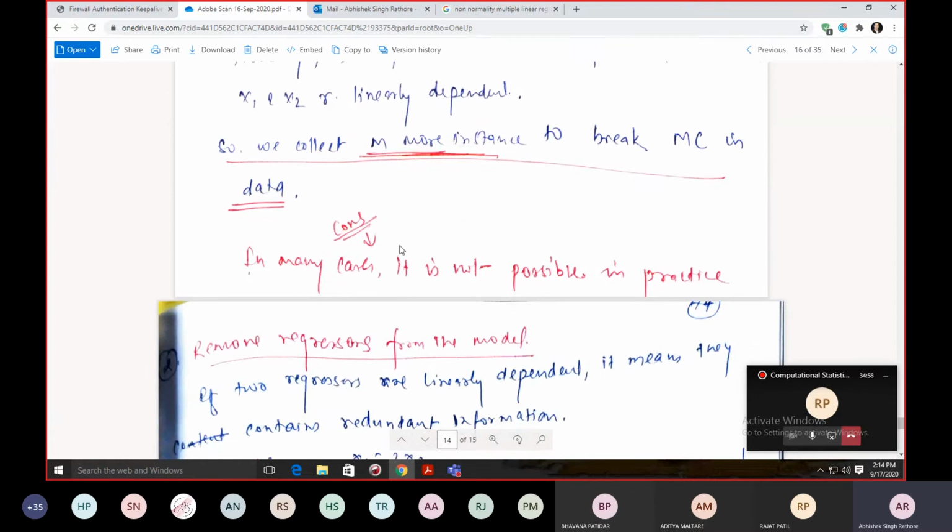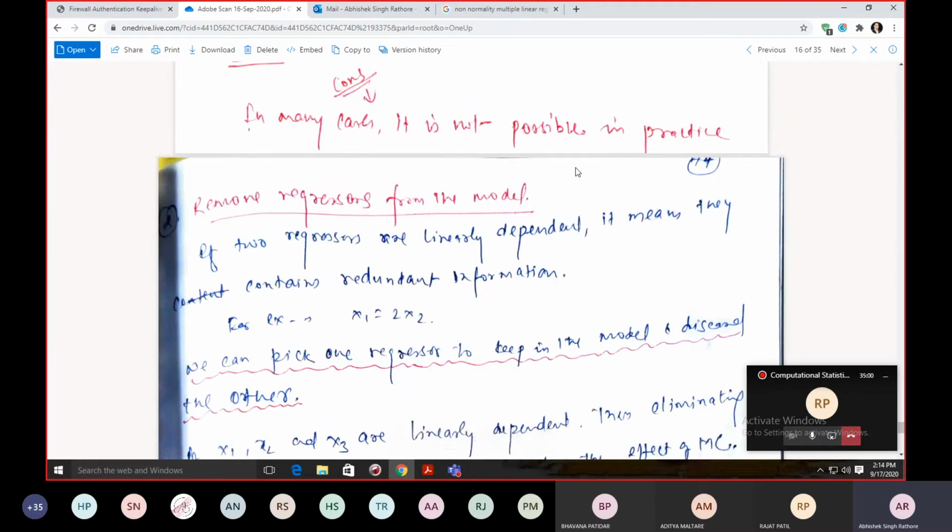Now the second technique available is to remove the regressor variable from the model. What we calculated earlier, let's say x1 is equal to (x2 plus x3) by 2. When we calculated this with the eigenvector technique, x1 is dependent on x2 and x3, so we can remove this x1 from our data.